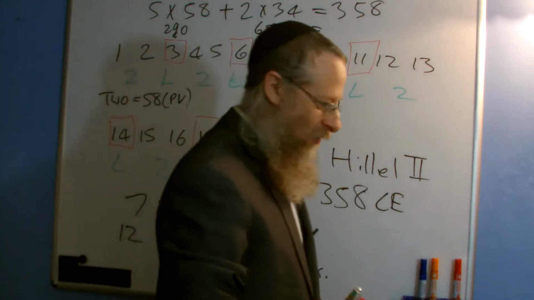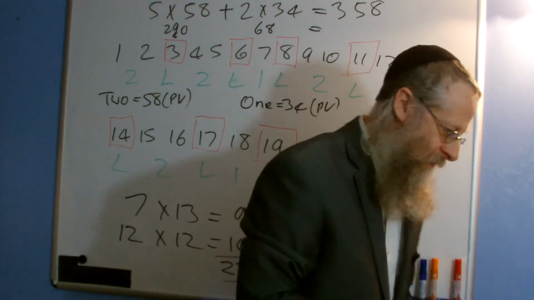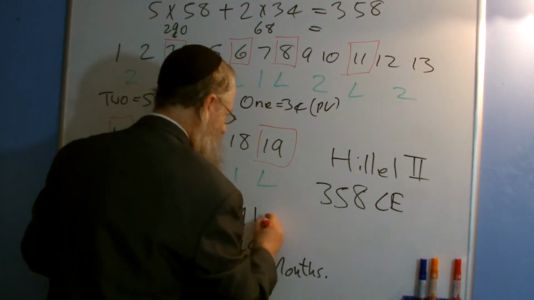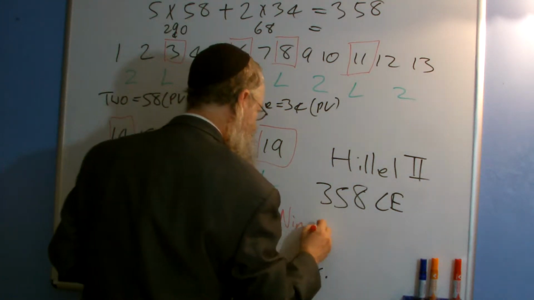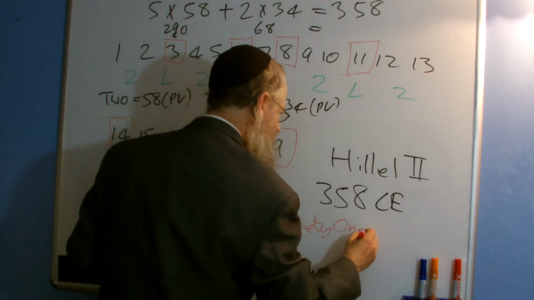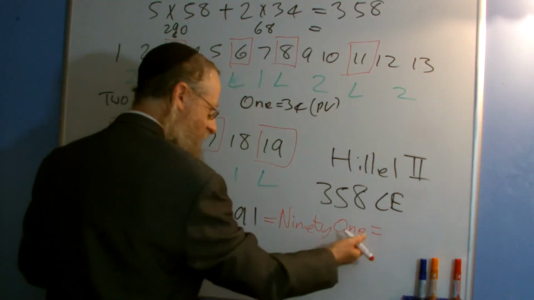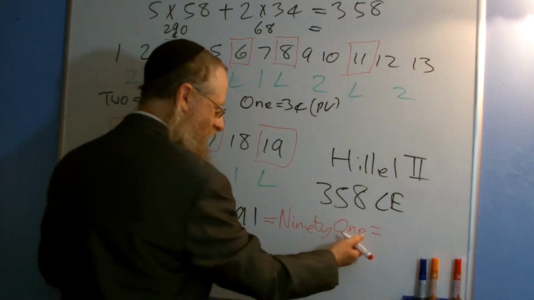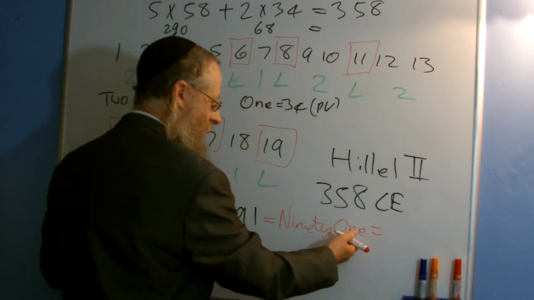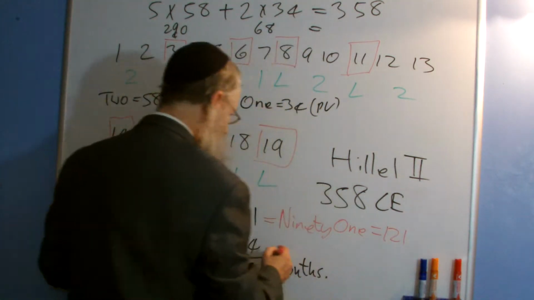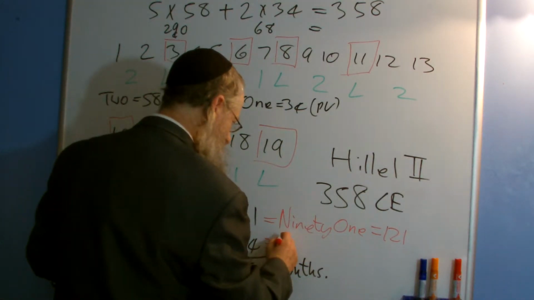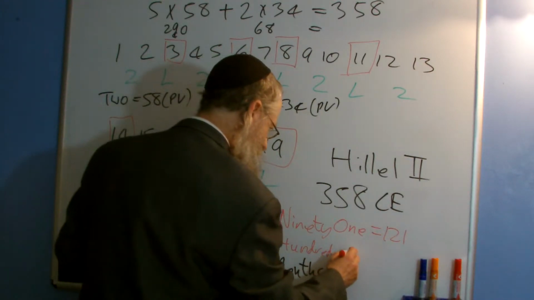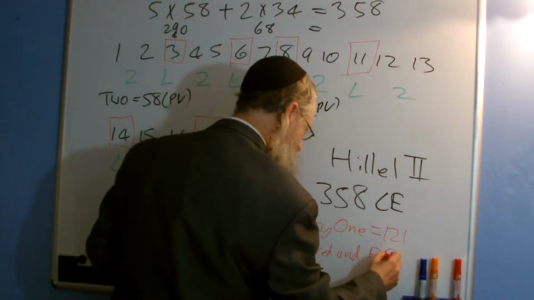Next, we're going to look at these numbers here. We're going to look at 91 as a number. We're going to work out 91 and calculate what that is. 90 is 87 actually, and 1 is 34. 87 and 34 make 121. And 144, we're going to work this as 100 and 44.